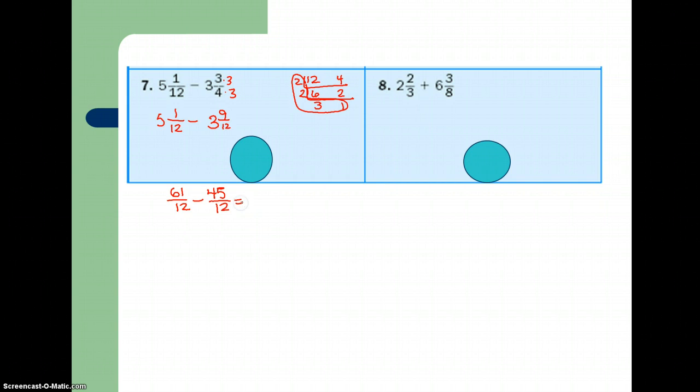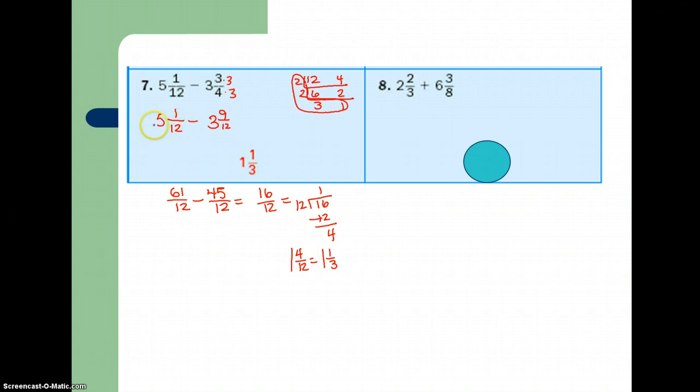And now you can subtract 61 minus 45, 16 over 12. Divide, you're left with 1 and 4 twelfths, which simplifies because 4 twelfths both divide by 4, 1 and 1/3.